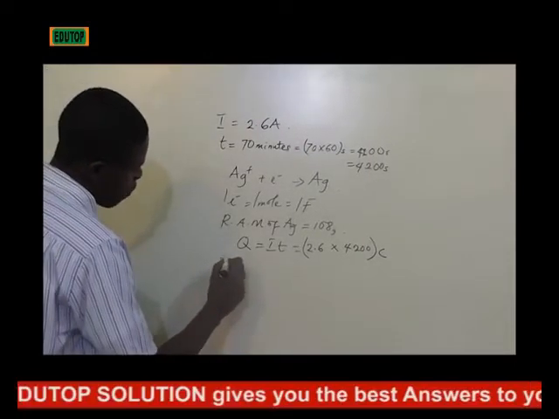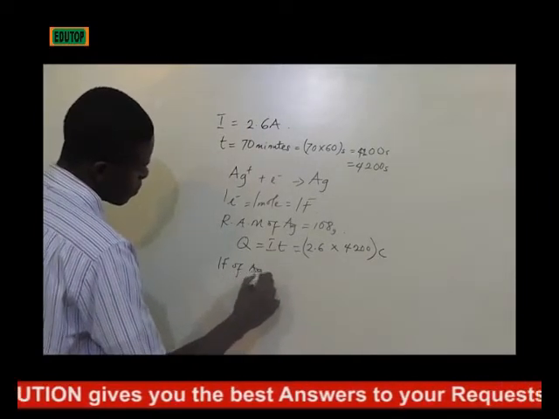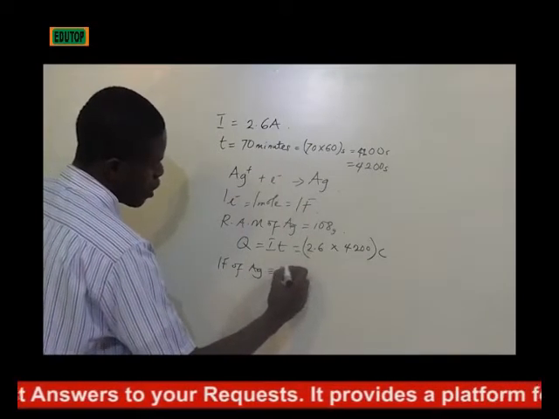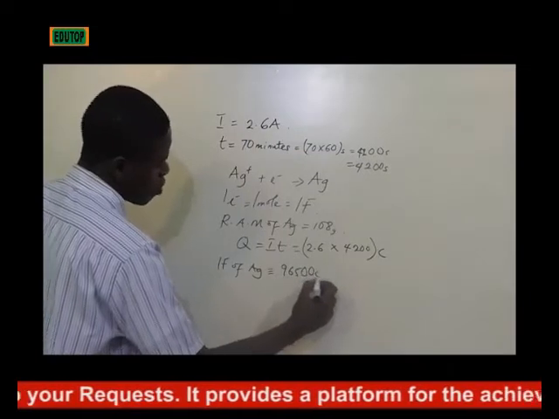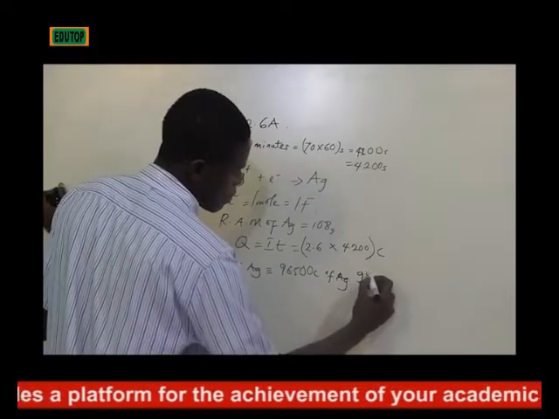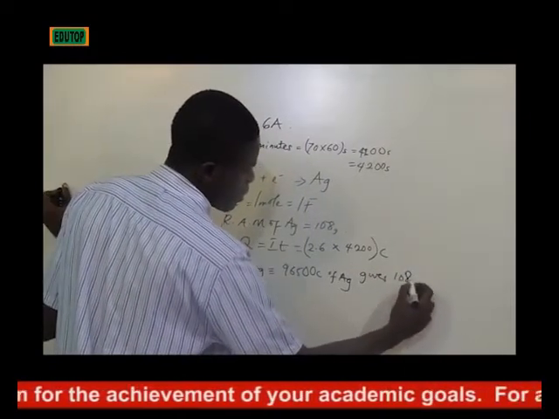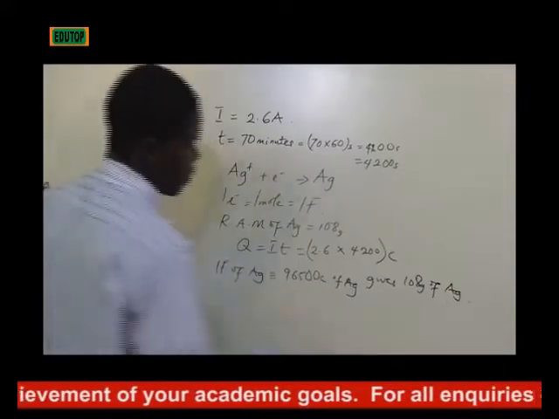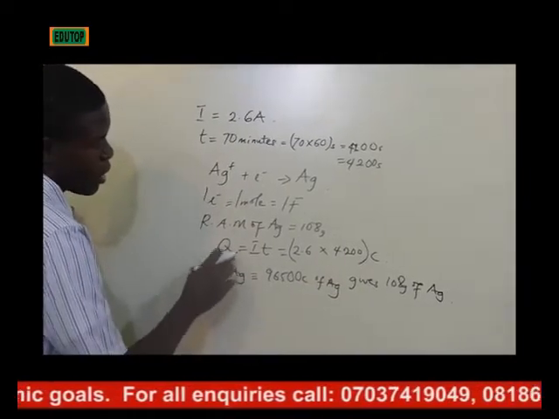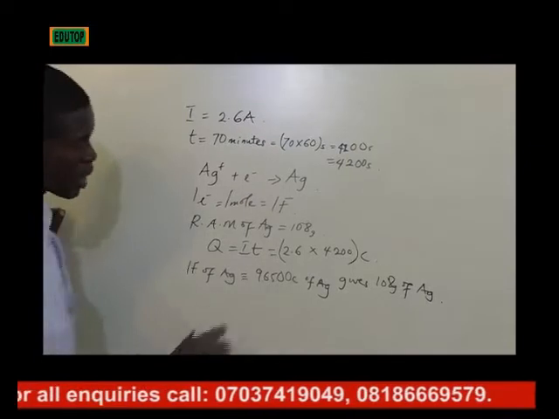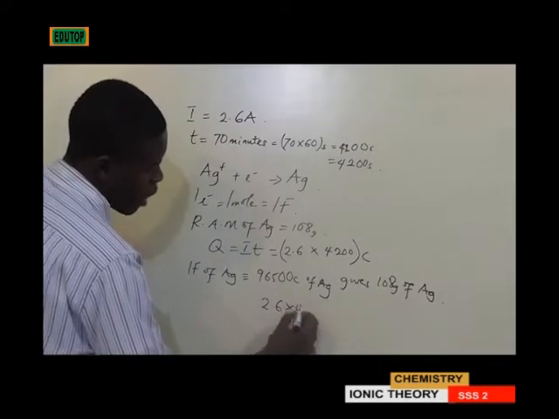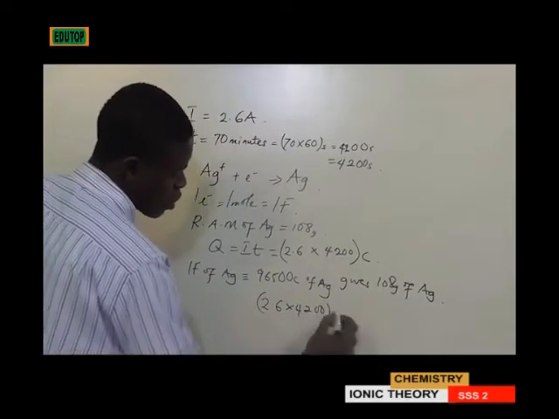1 Faraday of silver, which is equivalent to 96500 coulombs of silver, gives 108 gram of silver. Then the quantity used in the process is 2.6 times 4,200 coulombs of silver.